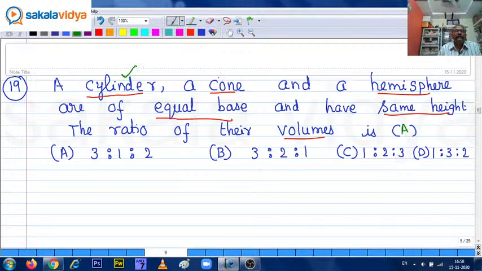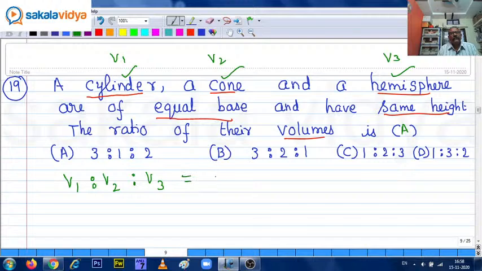Here cylinder, cone, hemisphere have equal base and same height. So let us say volume V1, V2, V3. V1 is to V2 is to V3 you need to find out. Volume of the cylinder is pi r square h, is to volume of the cone is 1/3 of pi r square h, is to volume of the hemisphere is 2/3 pi r cube.